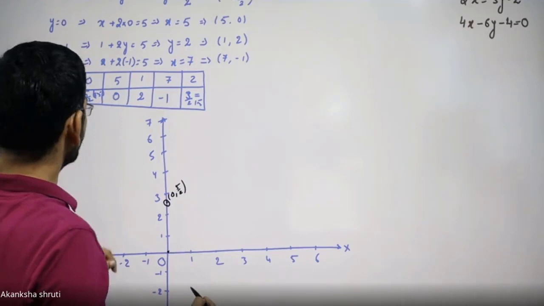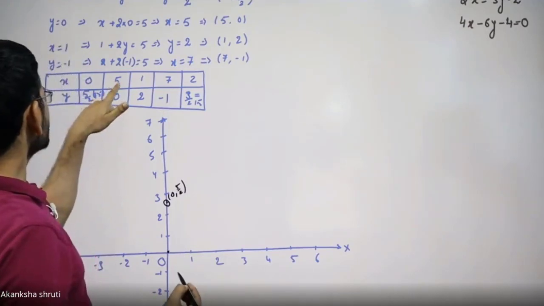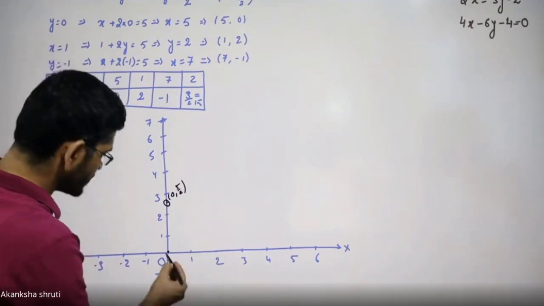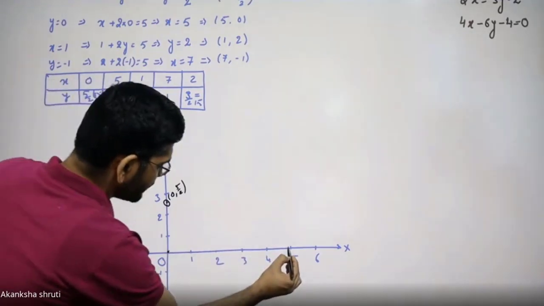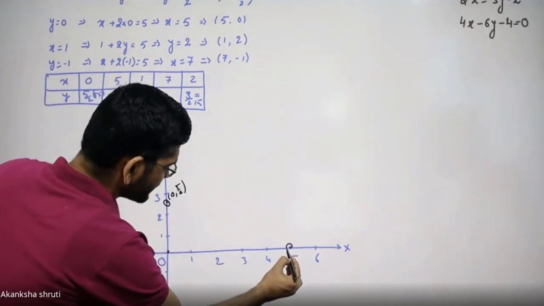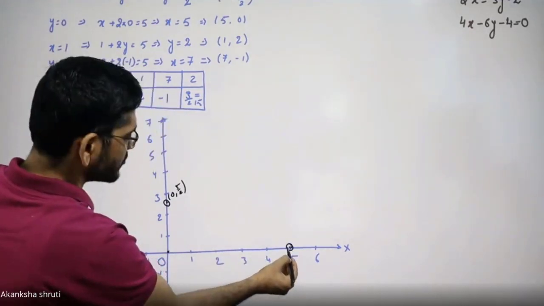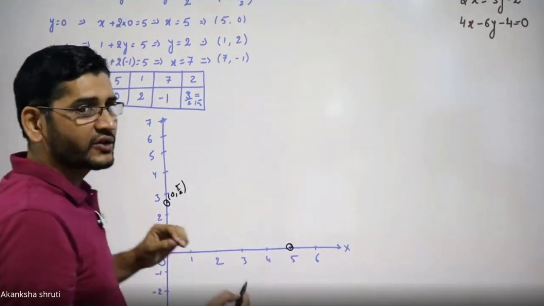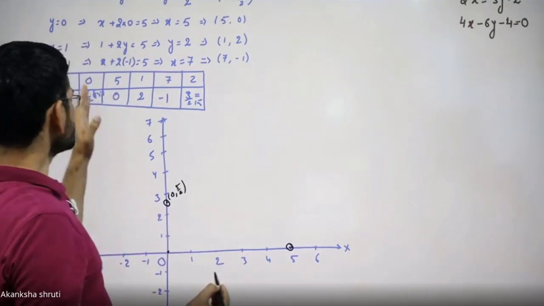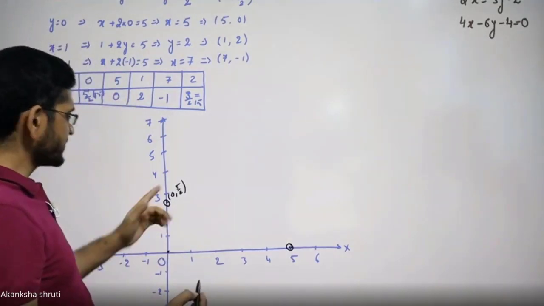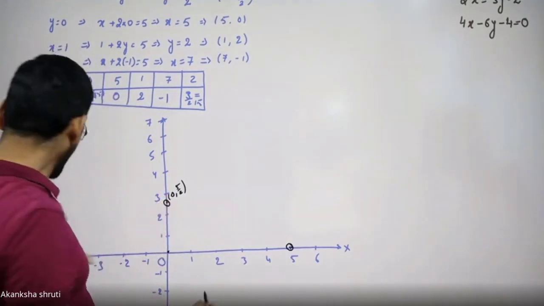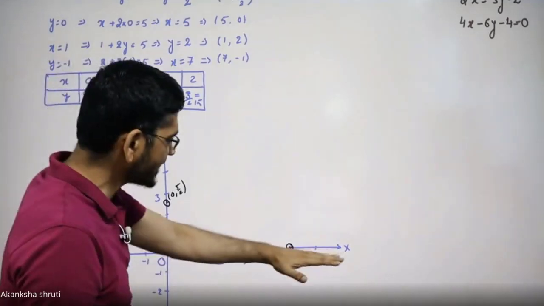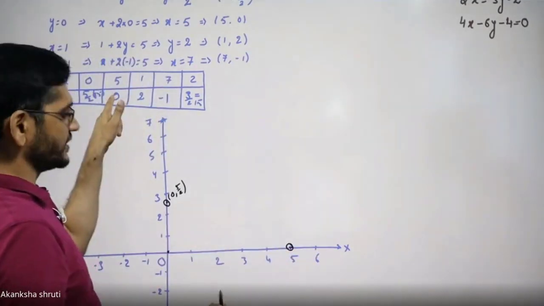Plot the other. Student, x is 5, y is 0. So move along the x-axis 5 units, and on the y-axis no movement. So keep it here. Or you can recall the concept, all those points which are on the y-axis, their x-coordinate is 0. And all those points which are on the x-axis, their y-coordinate is 0.